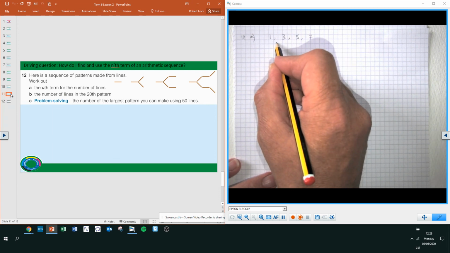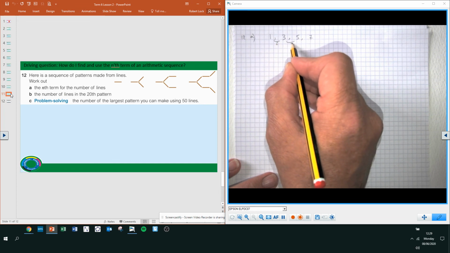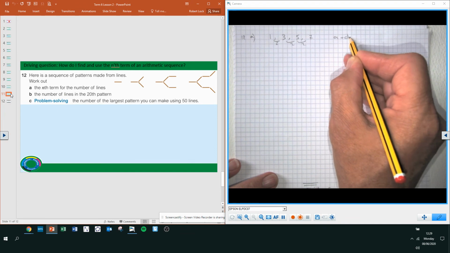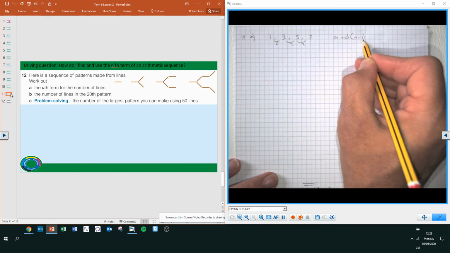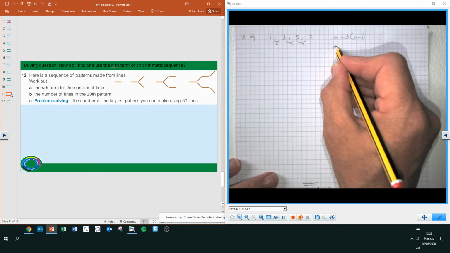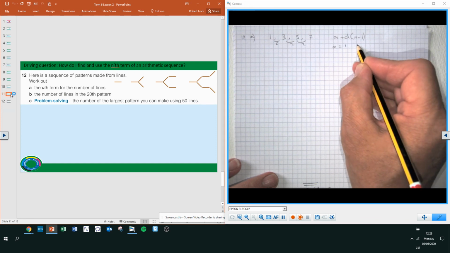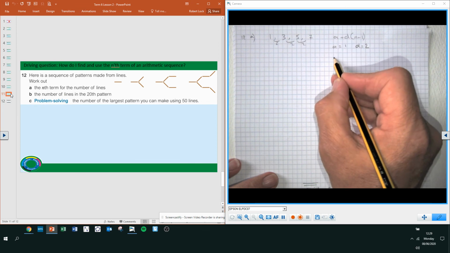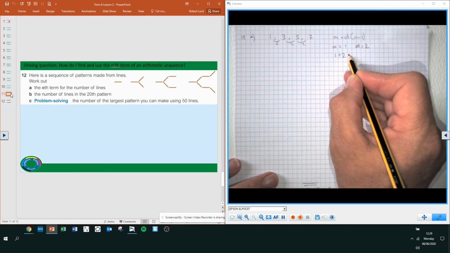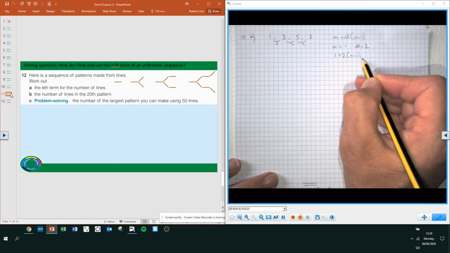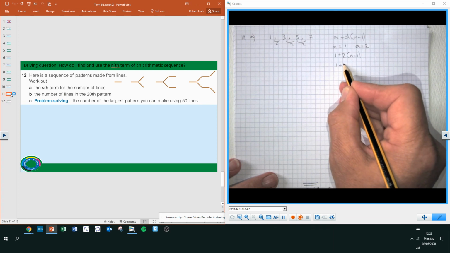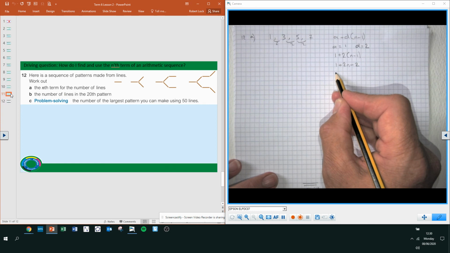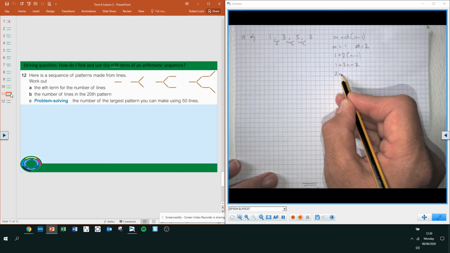So the difference would be 2. So a plus d bracket n minus 1 bracket. a equals 1 and d equals 2. Putting this into here, 1 plus 2 bracket n minus 1, 1 plus 2n minus 2. So collecting like terms, 2n minus 1.